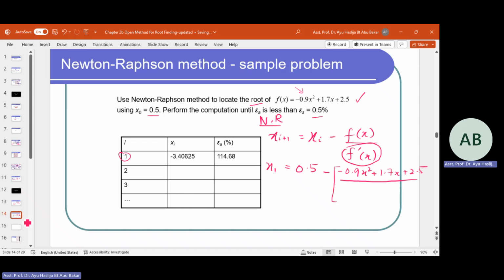Now, what is the differentiation of this equation? The f prime x, what is it?